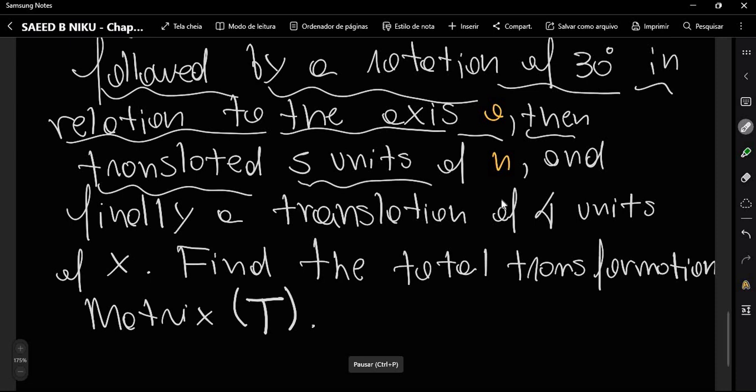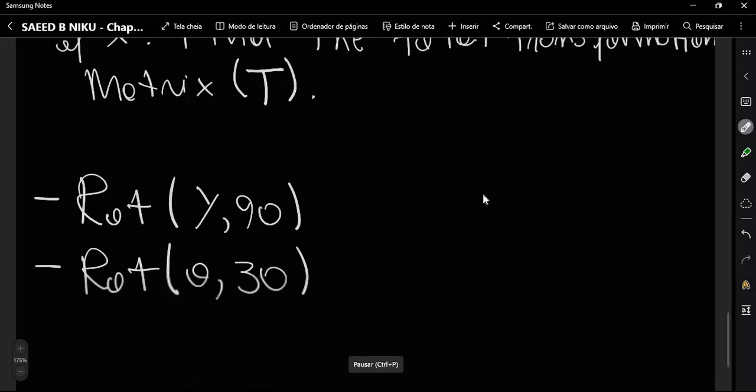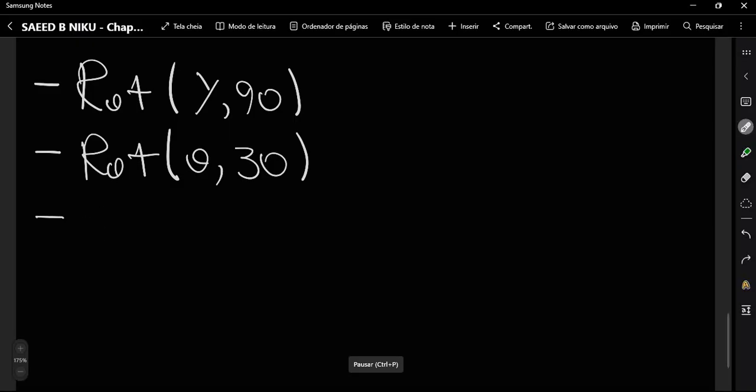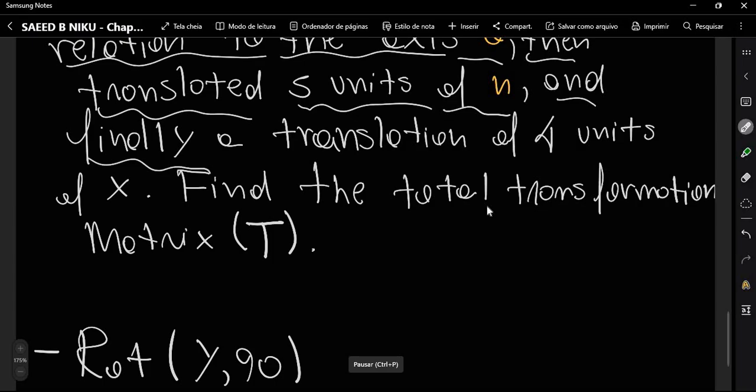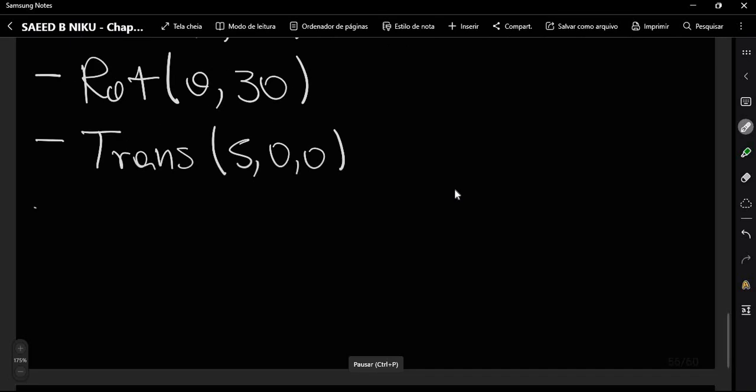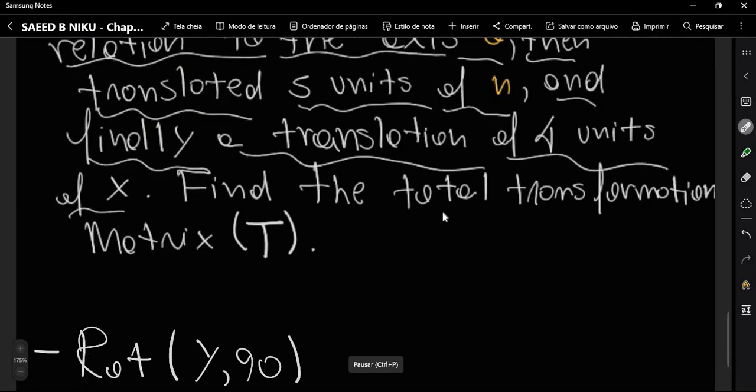It was translated 5 units throughout the axis N. And finally, a translation throughout the axis X. Four units.